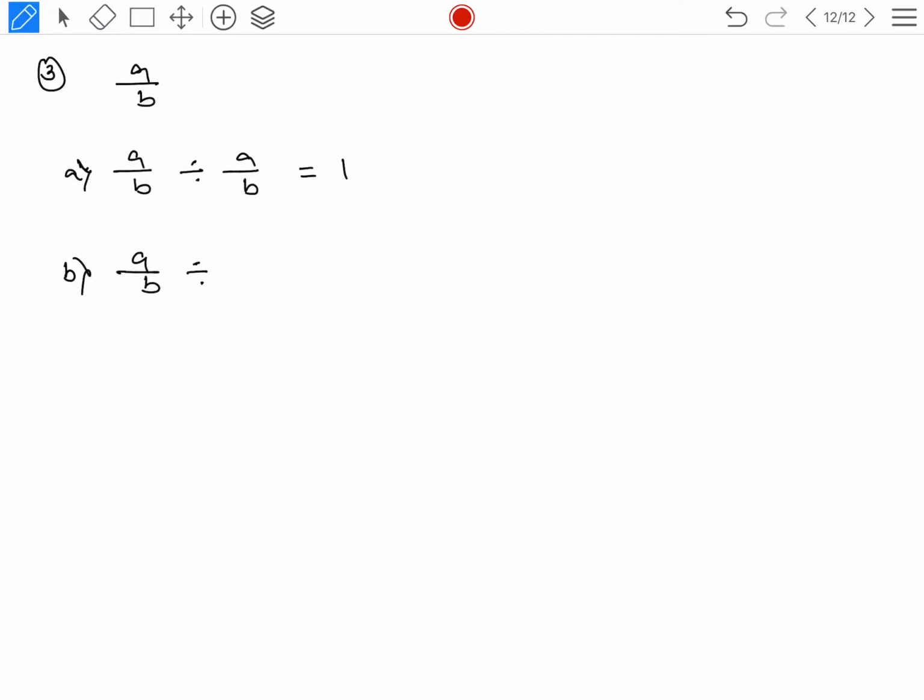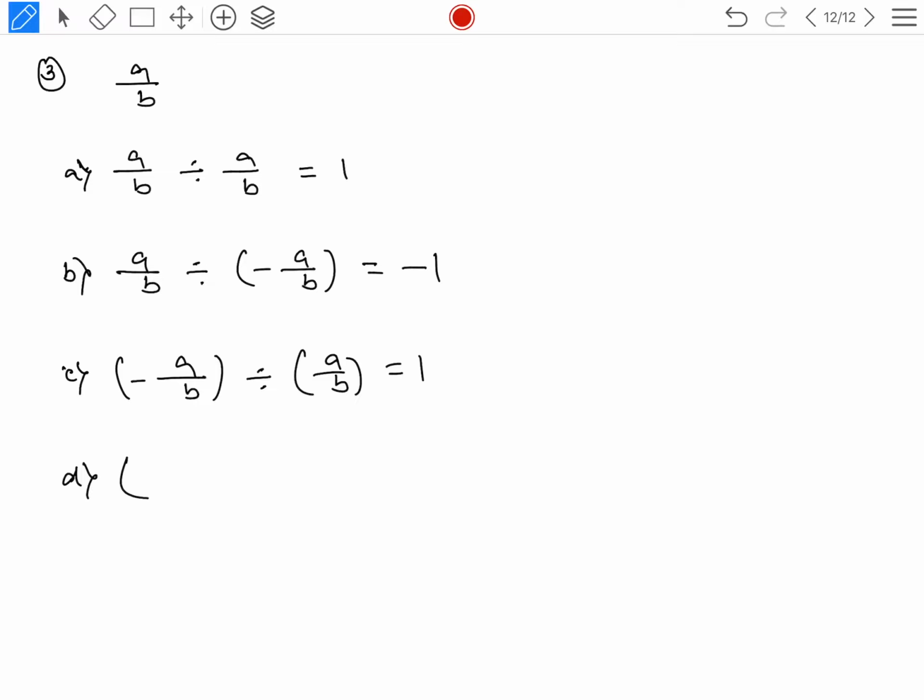Then if we divide a by b by minus of a by b, then the answer will be minus 1. Okay. Similarly, if we divide minus of a by b by a by b, then the answer will be minus 1. Okay. Another case I'll give you, it is not in your book. If minus of a by b is divided by minus of a by b, then also we'll get positive 1. Understood?